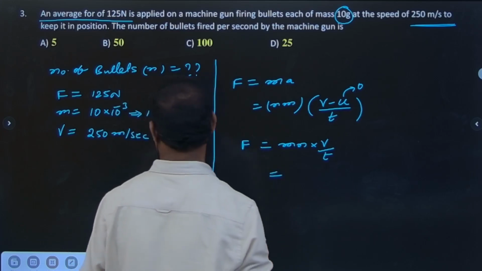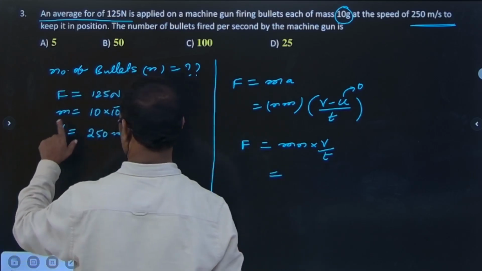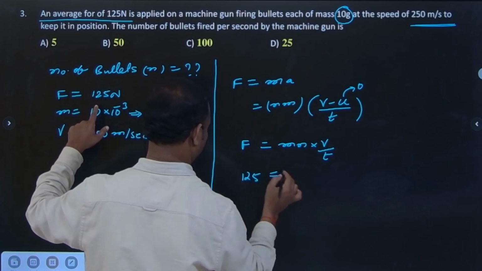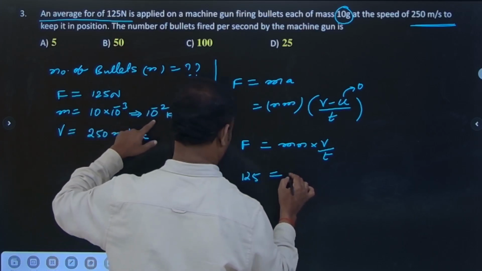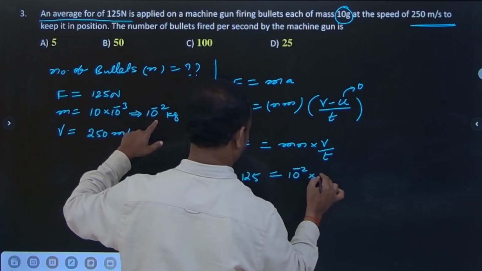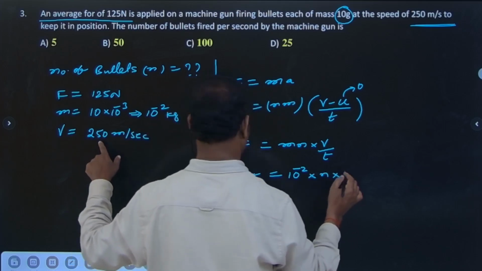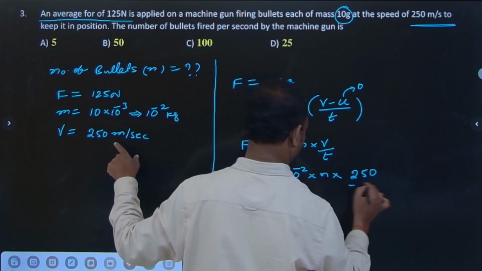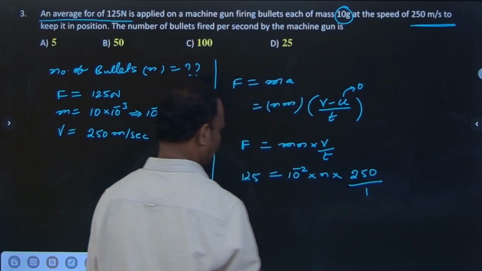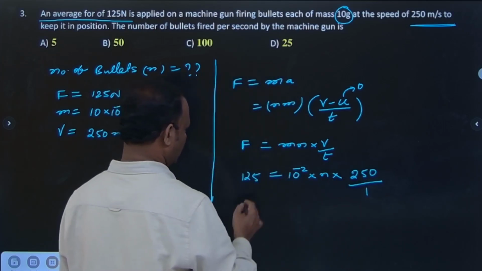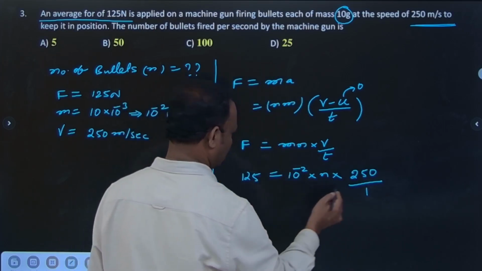F is given as 125. Mass is 10 to the power of minus 2 into N. Velocity is 250. And per second means T is 1. Okay. So this is 10.